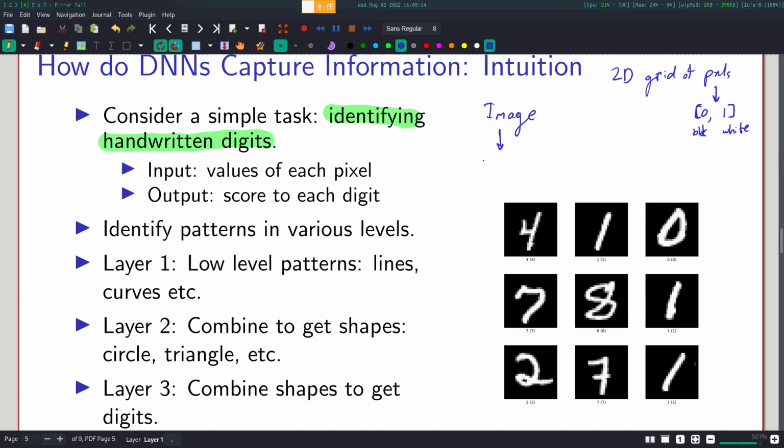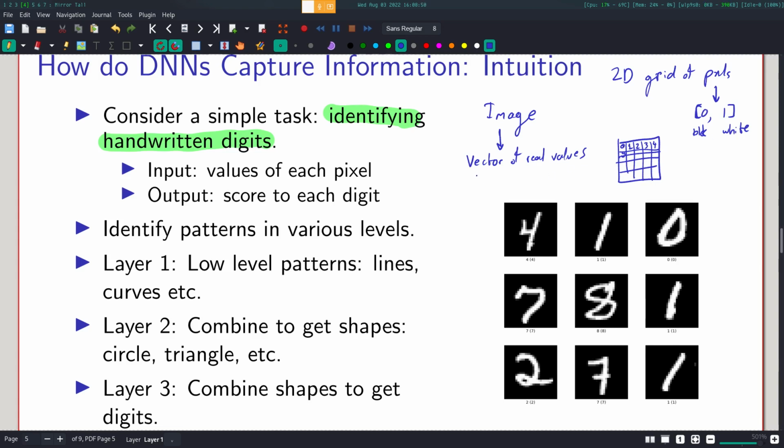So an image is basically going to be this huge vector of real values. If you flatten this 2D grid and index it, say this is the 0th component, this is the first component, second, third, fourth, fifth, and so on, you can index each one of your pixels, and each pixel has a value between 0 and 1.